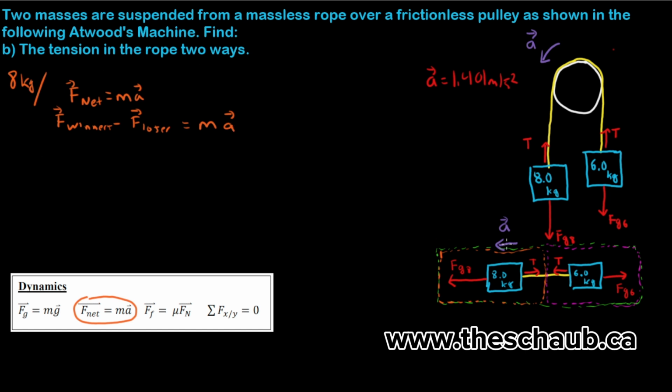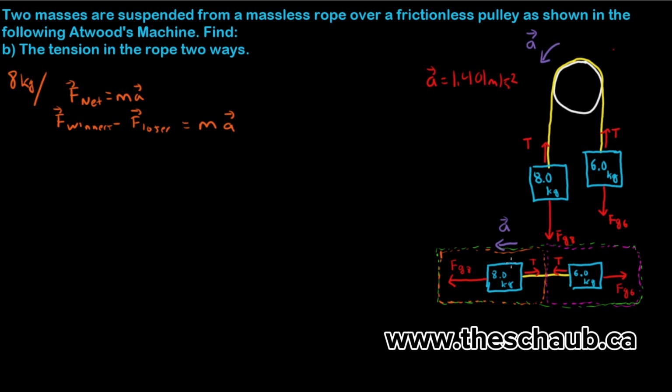And again, we're going to say that our winning forces go in the direction of our acceleration. Now, our whole system accelerates at 1.401 meters per second squared, so that also means our two individual systems, our 8 kilogram system and our 6 kilogram system, also individually accelerate at 1.401 meters per second squared.